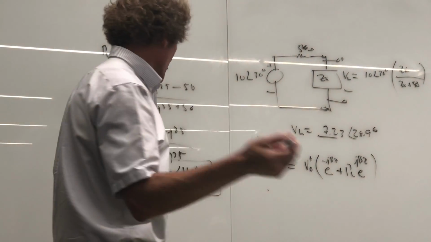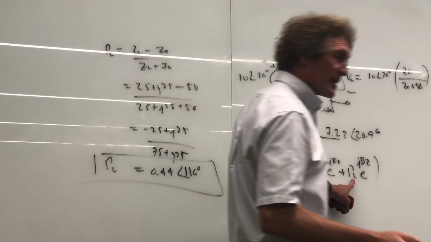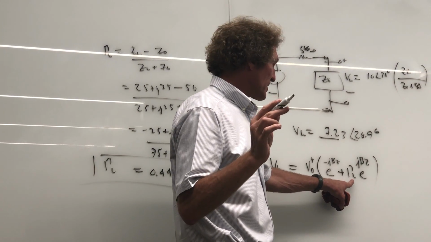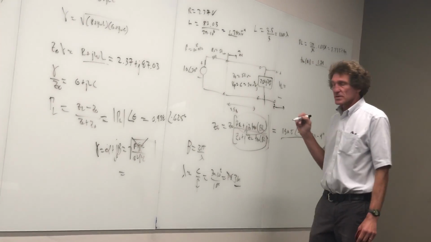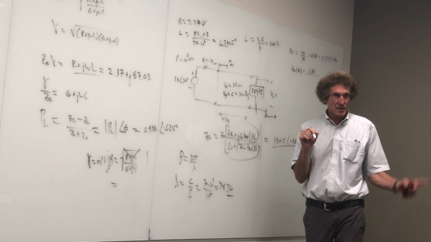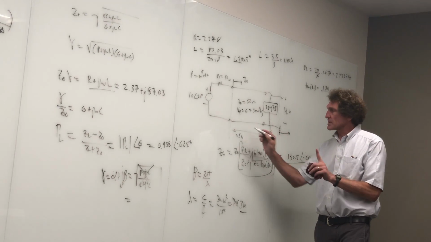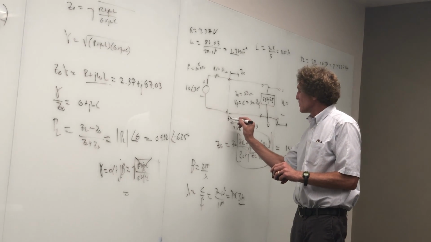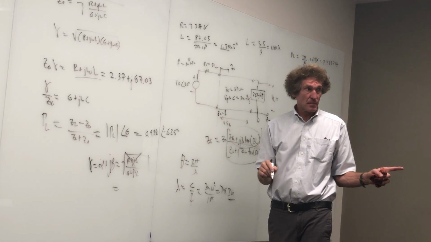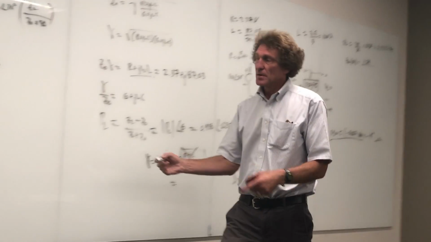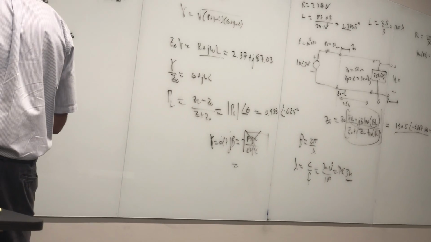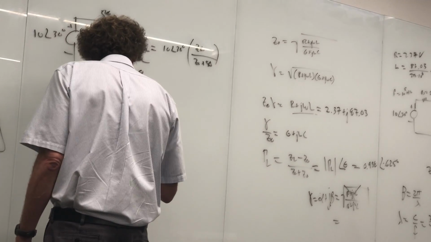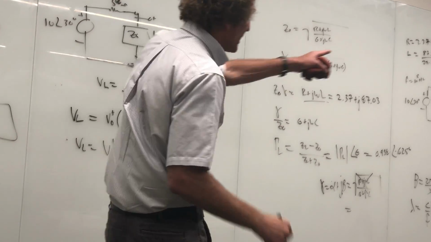Got it? All right, now I've got that, so I've got this, right? Now listen to me carefully. Where do we typically put the 0 point in our coordinate system if we're doing a finite transmission line? At the load, this is 0. This means this point is z equals minus L. Because it's minus L, the signs on these change. So now I can say that VL is equal to V0 plus, and it's e to the plus j beta L. Well, we have beta L over there, right?